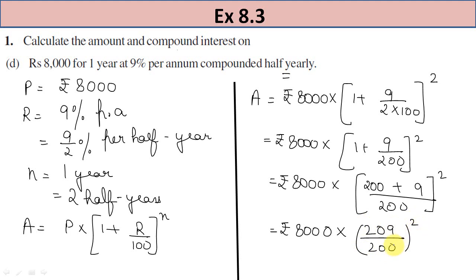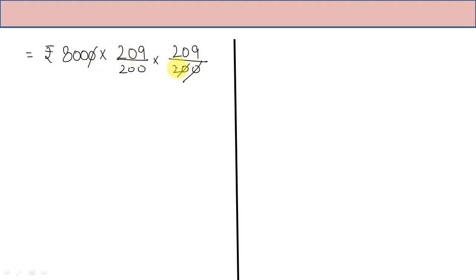Right? Now in the next step we need to open the power. It will be 8,000 into 209 upon 200 into 209 upon 200. So this 0 and this 0 cancel. This and this 0 cancel. This and this 0 cancel.